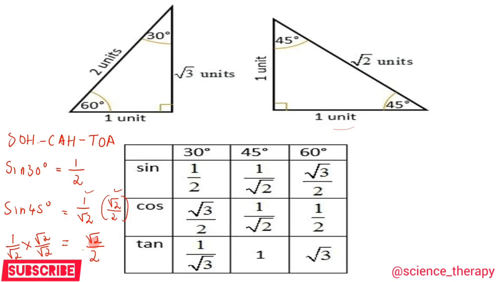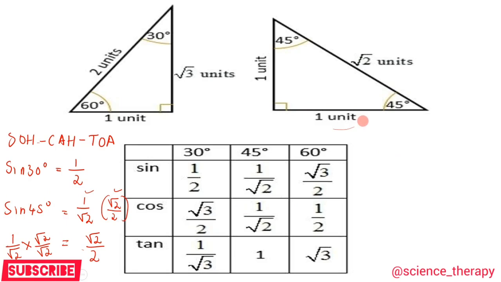So you can see that root 2 over 2 is still the same as 1 over root 2. This one is what you acquire using your right angle triangle, and this one is what you get using your calculator. So make sure when it comes to sine 45 degrees, you write 1 over root 2.